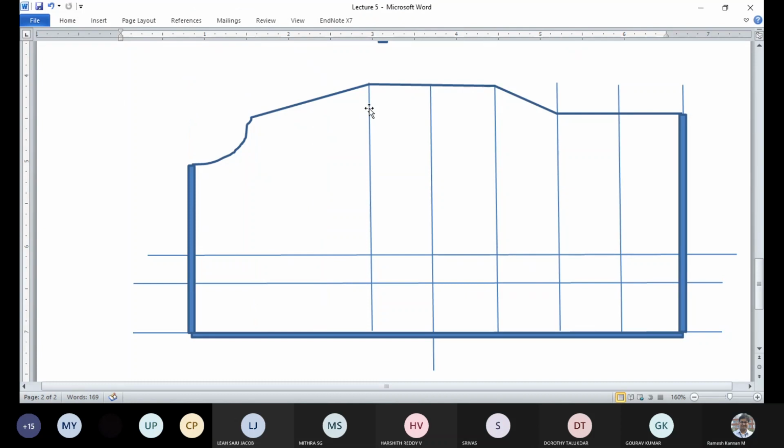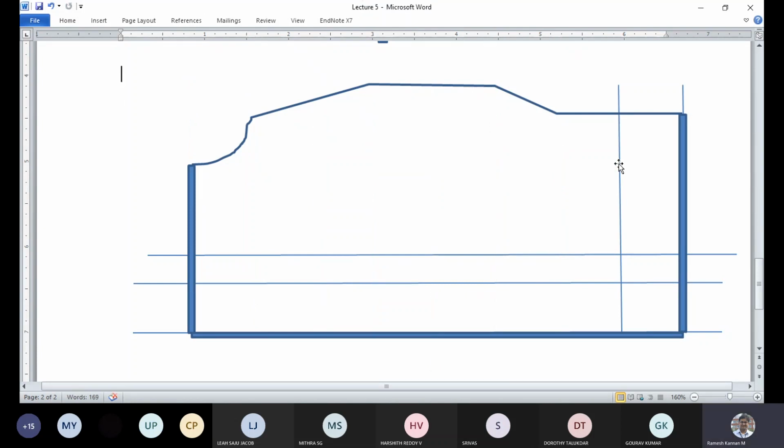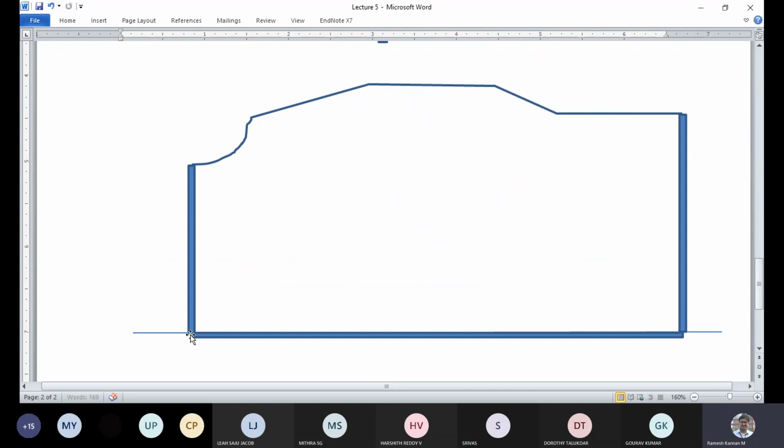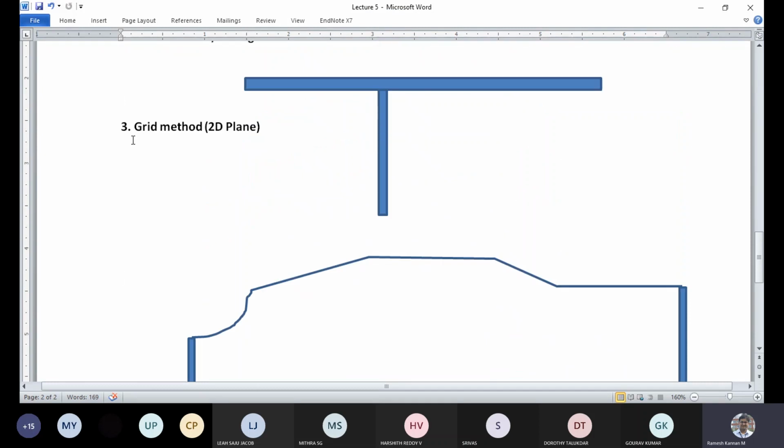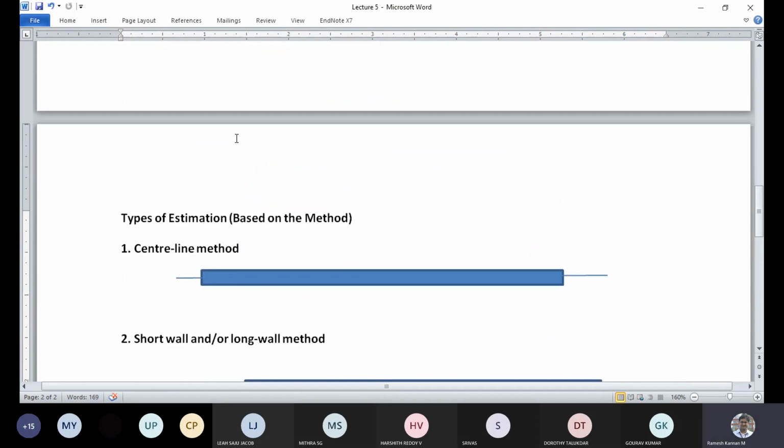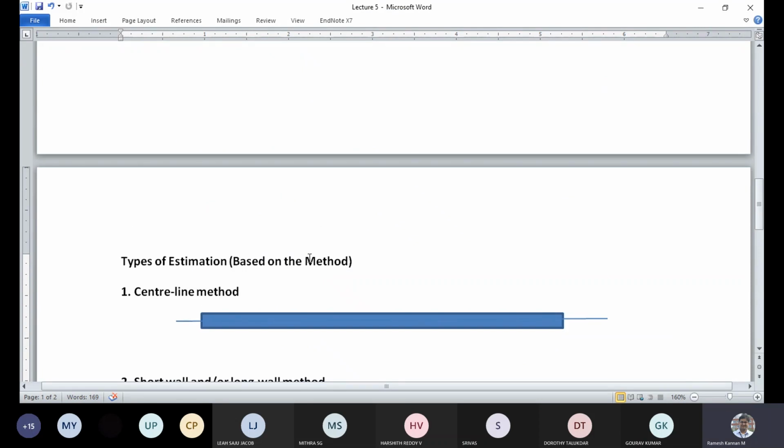Nowadays people use computers, and GIS can give you a perfect result, but this is a manual computation, and manually computing the area of this particular region is pretty complex, right? So in that case, grid lines will give you more accurate and appropriate values. So these are the different types of estimation based on the methods.